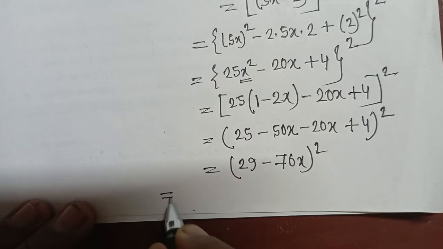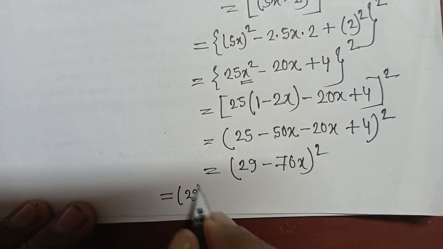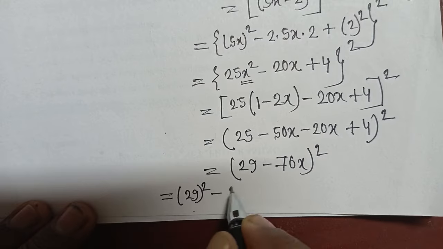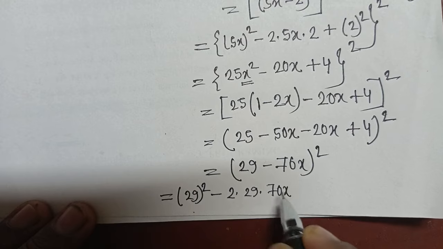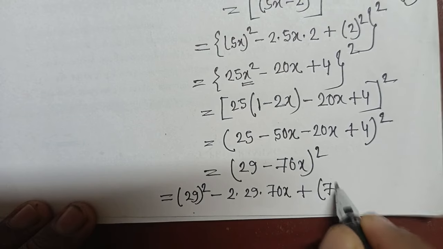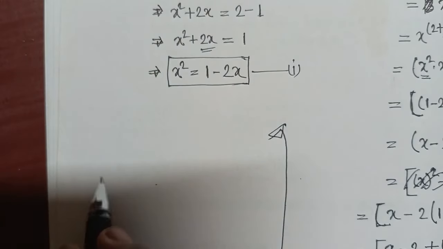Now if we expand this as 29² − 2·29·70x + 70²x².